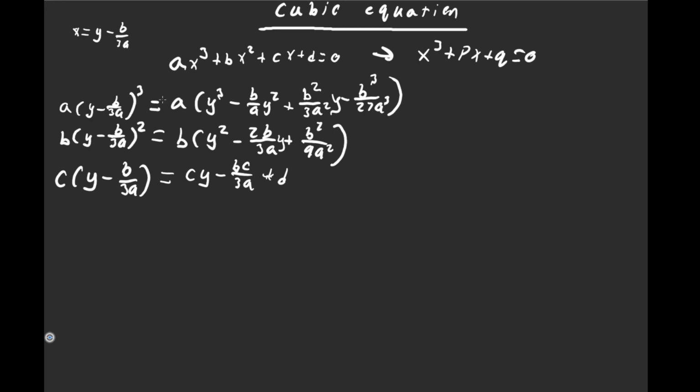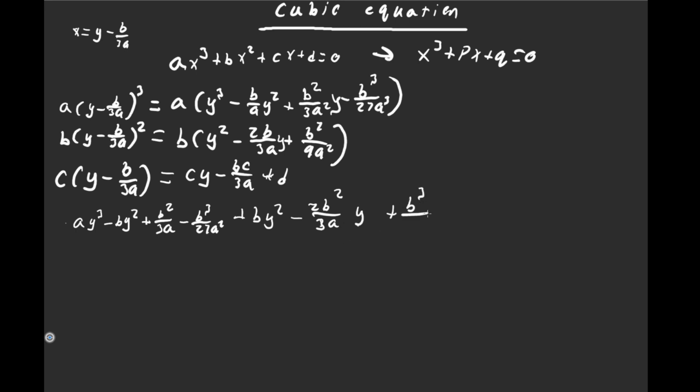And now we will multiply by a, so we get a y cubed minus b y squared plus b squared over 3a minus b cubed over 27a squared, plus b y squared minus 2b squared over 3a y plus b cubed over 9a squared, and so on.